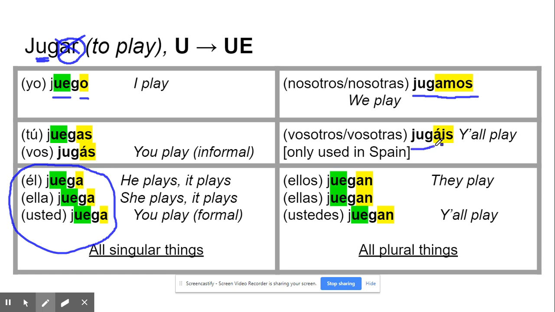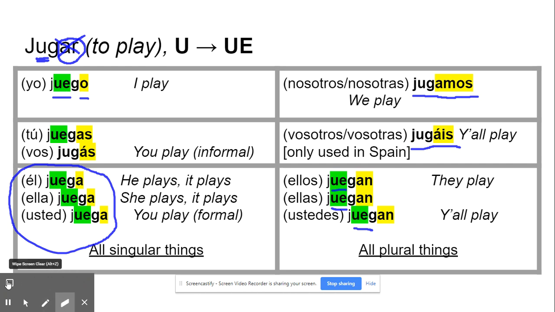No stem change, just the AIS ending. And finally, for ellos, ellas, and ustedes form, we see that UE is in every single conjugation there because the U changed to a UE. And then we added our ending AN. So juegan means they play or y'all play.